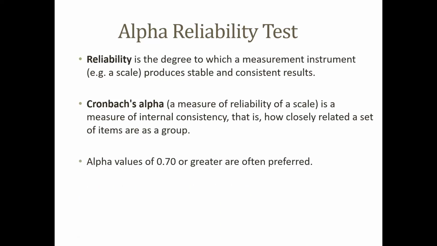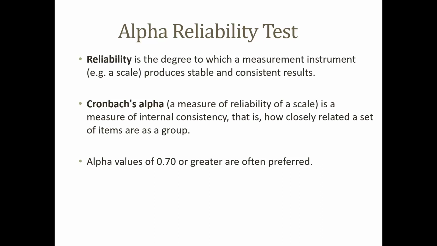How do we determine a good alpha score? An alpha value of 0.7 or greater is often preferred. The score is computed from 0 to 1. The more the score is closer to 1, the better the reliability.